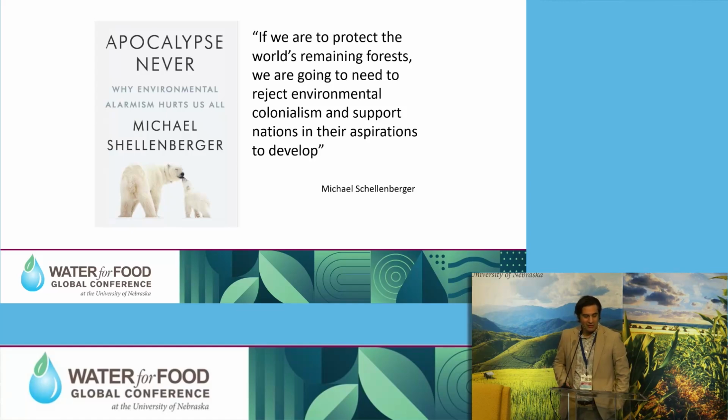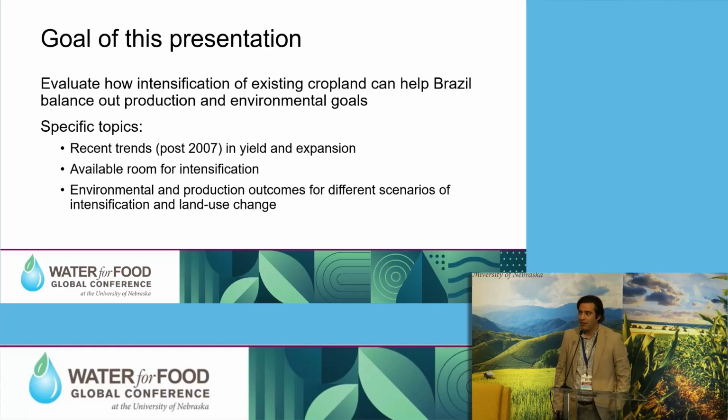And along those lines, our work in Brazil has been on trying to understand how intensification, that means increasing productivity on existing cropland area, can help Brazil to find a better balance between production and environmental protection.